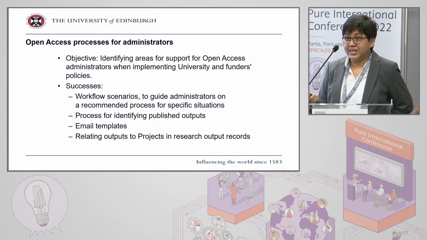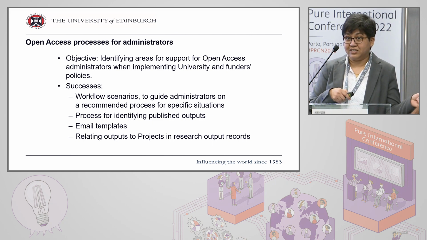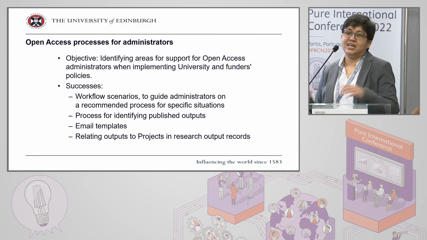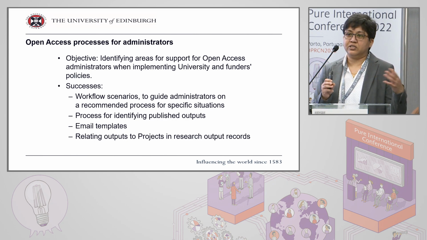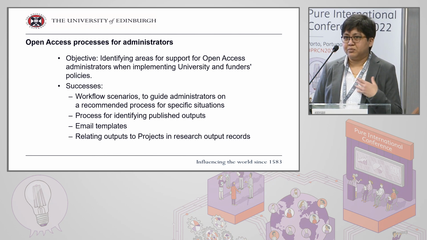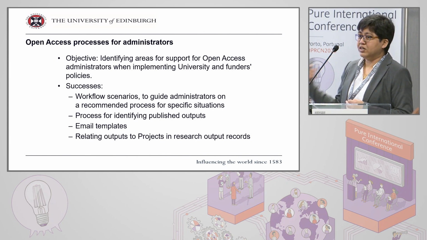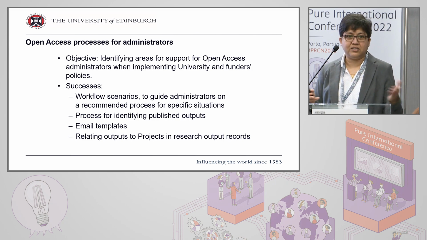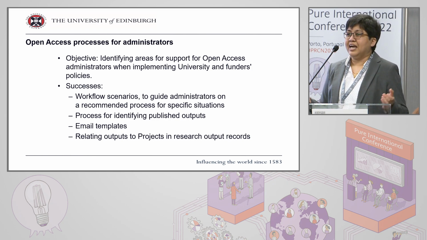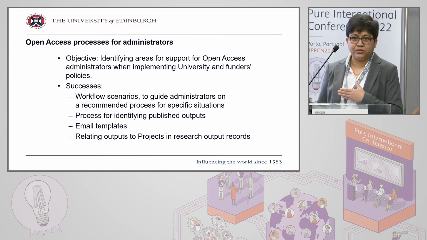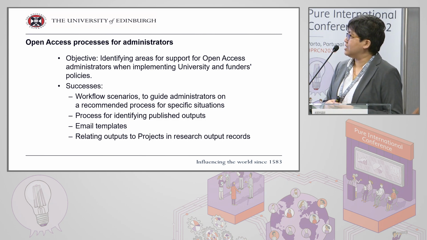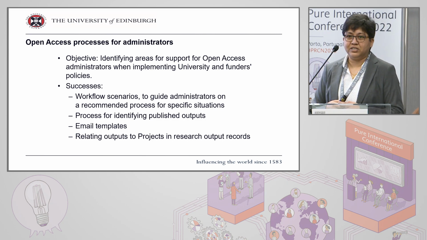We then had open access processes for administrators. We had one for academics, and the next working group looked at processes for administrators, how they could learn to properly do the processes and procedures to make sure that funders' requirements were complied with. So we created workflow scenarios for different cases, and how to work through those cases, and processes to support them for identifying published outputs.